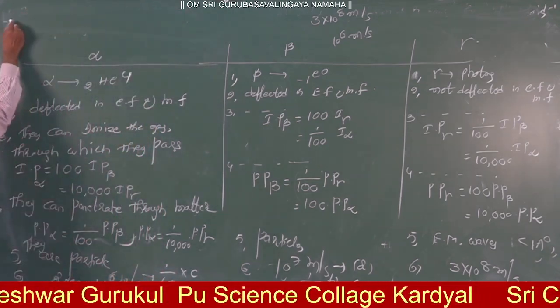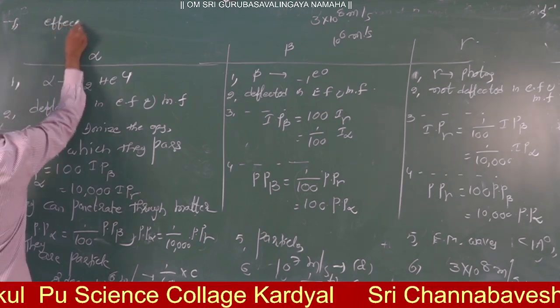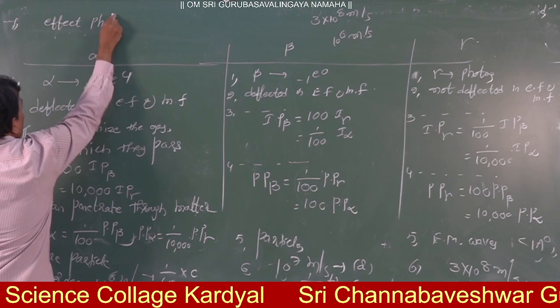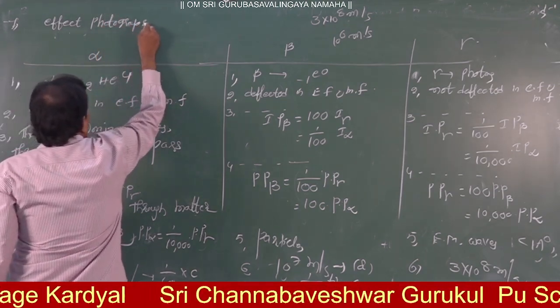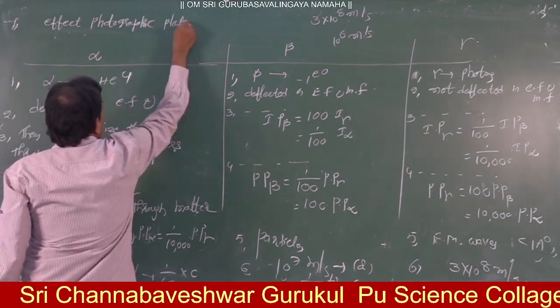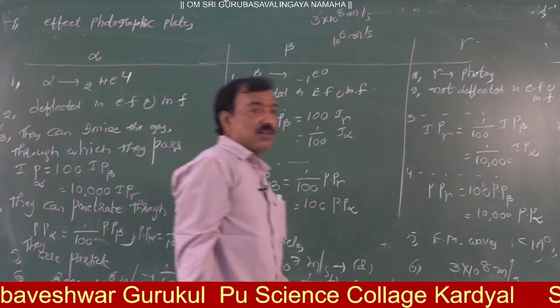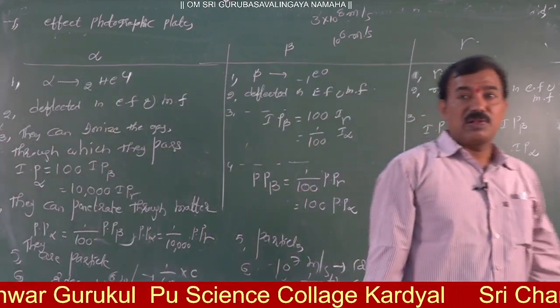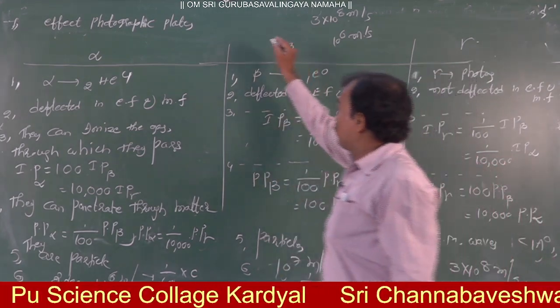So I write here the seventh point: the effect on photographic plates. Alpha is the same, beta also the same, and gamma also the same.